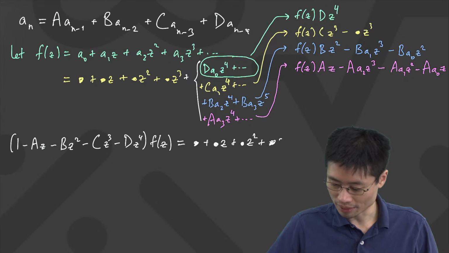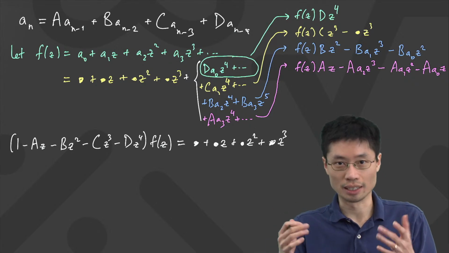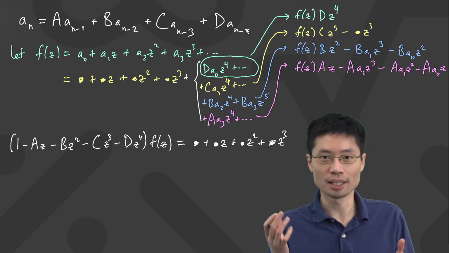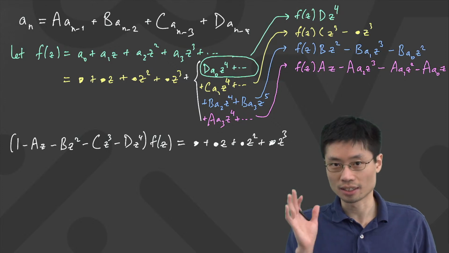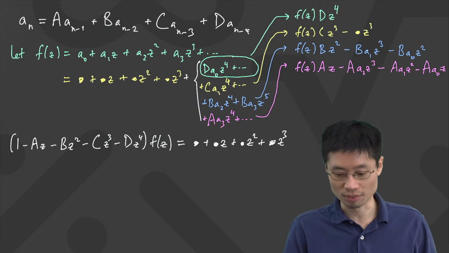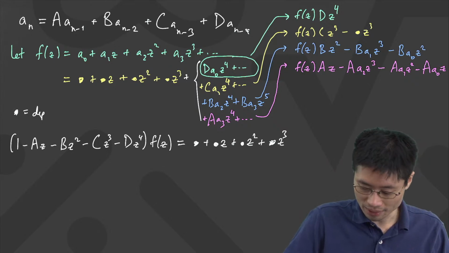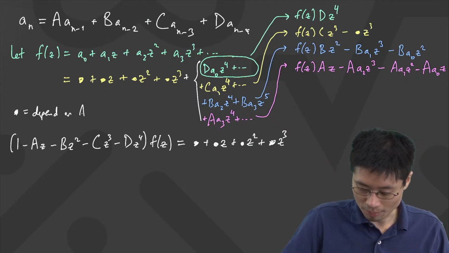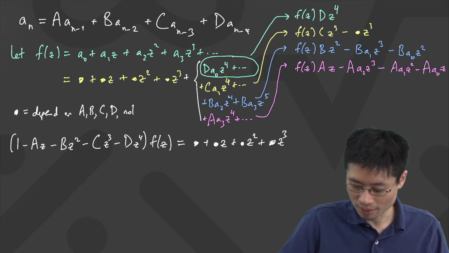Yep, some cubic. And the important thing is blob means some number depending on capital A, capital B, capital C, capital D, and it doesn't involve n. It also doesn't involve z.